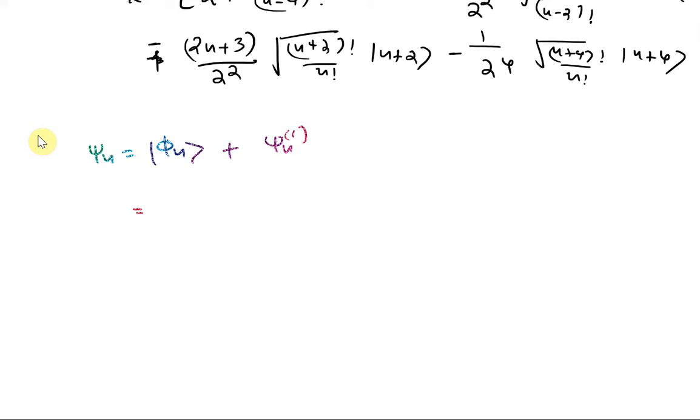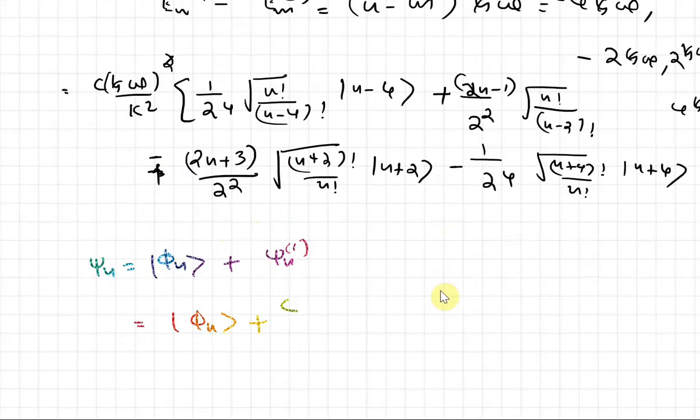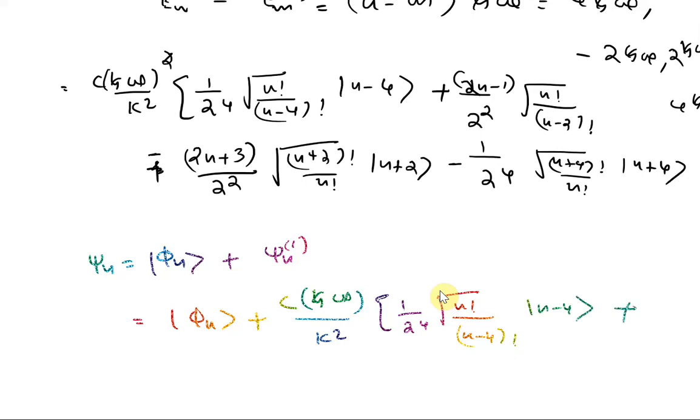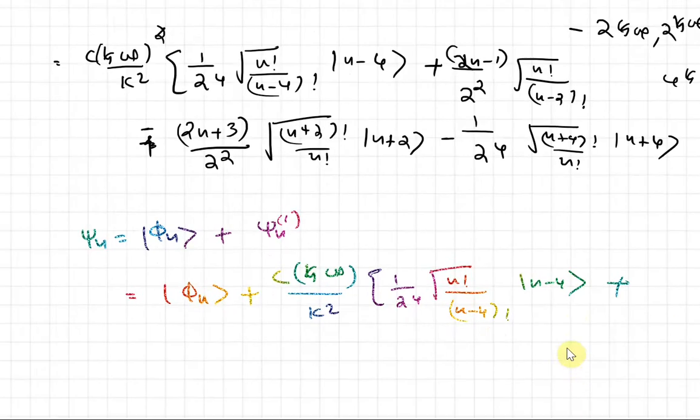So that is nothing but phi n plus whatever we obtained right now, which is c h cross omega divided by k square into 1 by 2 raised to 4 root n factorial divided by n minus 4 factorial, state n minus 4, plus exactly the same term.